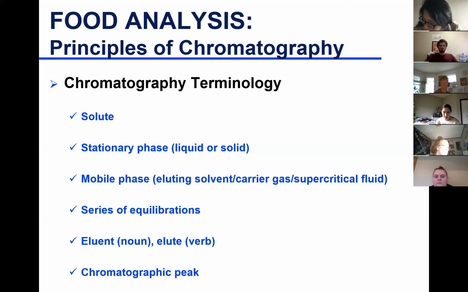You get a signal at every time point until the entire solute leaves the column. And it has this kind of hill shape. You'll see a lot of chromatographic peaks. Some are really sharp and some are not that sharp, depending on the chromatography column that you're using.